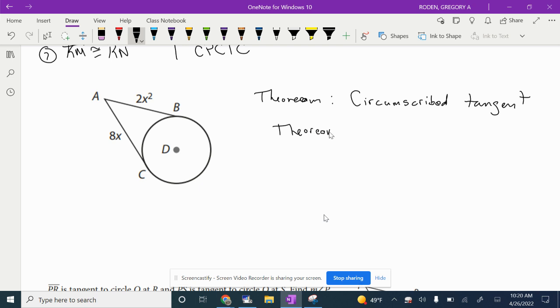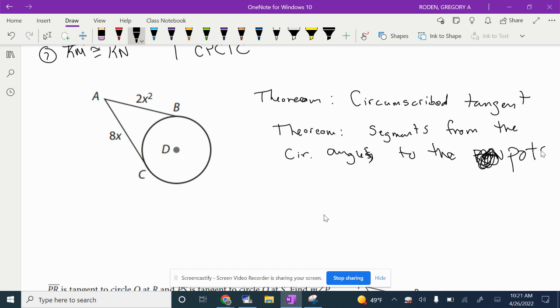So what does the circumscribed tangent theorem say? It says the segments from the circumscribed angle, I'm just going to abbreviate circumscribed as CIR, angle, to the points, to the POTs, right? Sorry, this is really messy. I apologize.